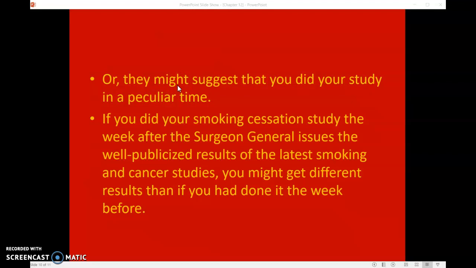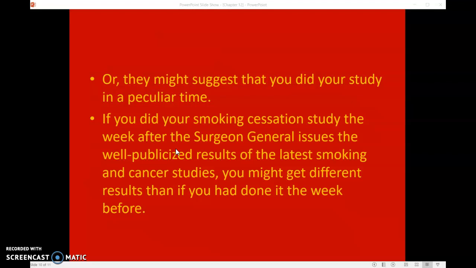So there's an example here about a smoking cessation study the week after the Surgeon General issues the well-publicized results of the latest smoking and cancer studies. You might get different results than if you had done it the week before, because it makes people pay attention to what's going on. The other example that I often provide is I want you to think back about 9/11.